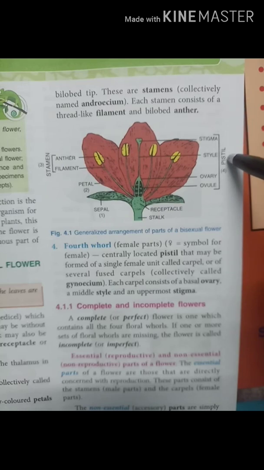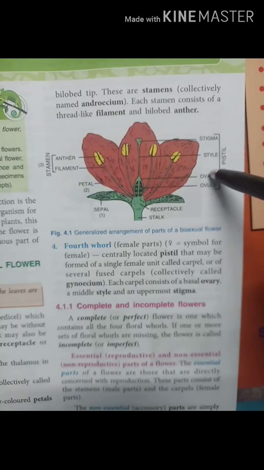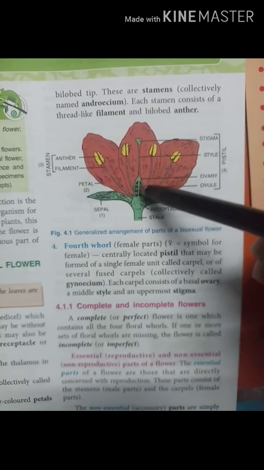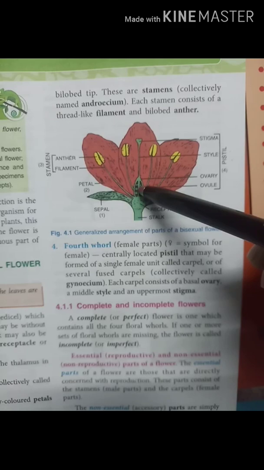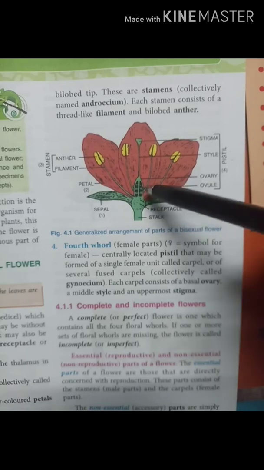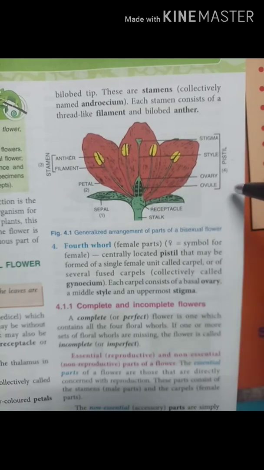The pistil is the female part. It consists of stigma, style and ovary, and the ovary encloses ovules. The number of ovules may vary from one to many. For example, mango contains a single ovule, that is a single seed. Watermelon contains many ovules, meaning many seeds.